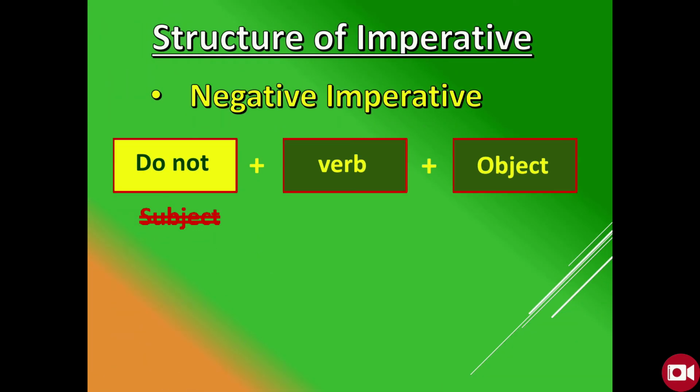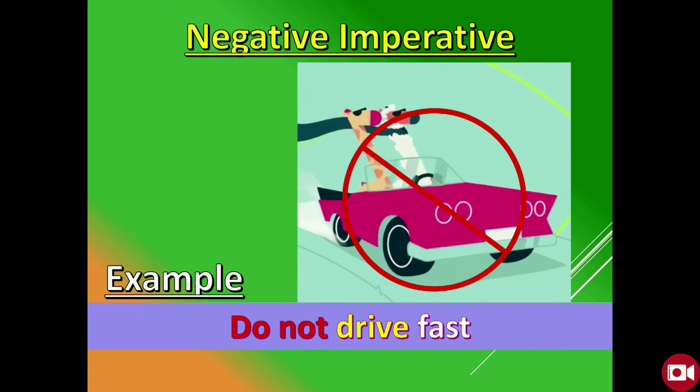Now negative imperatives. In negative imperatives, there is no subject and we add do not before the base verb. The structure will be do not plus base verb plus object. For example, do not drive fast.